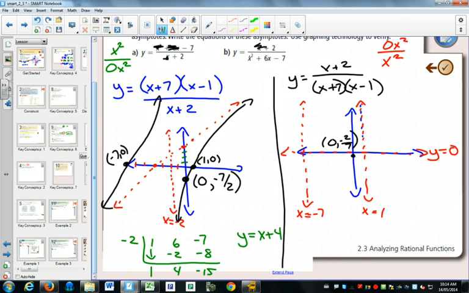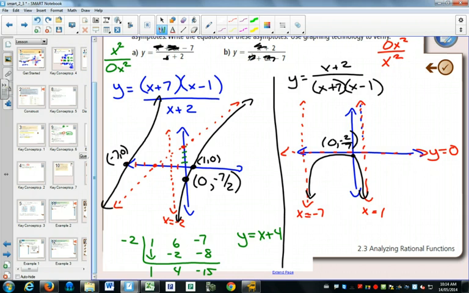Because when you plug in 0 for x, those would all go away and you get 2 over negative 7. So now you have a point in this section from negative 7 to 1. So this part will look like that. It's a blah blah graph.